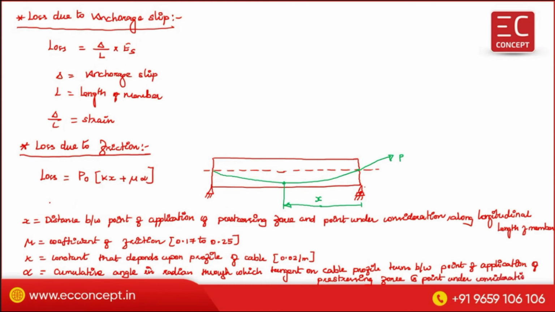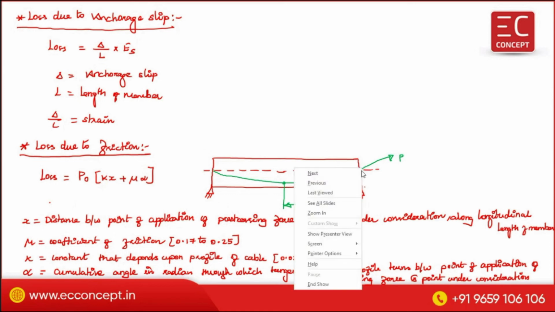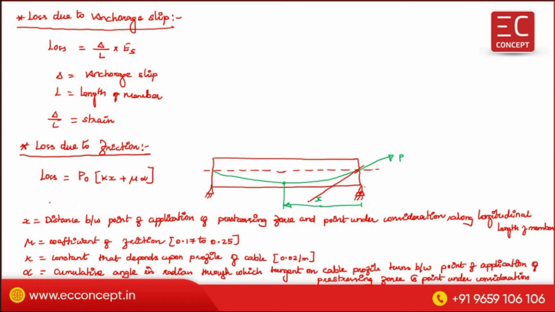So alpha is the total cumulative angle. This is the point of application of pre-stressing force. So if you draw a tangent here at the point under consideration, for example somewhere here, draw a tangent at that point, and the angle between these two is the alpha. This is all about loss due to friction.